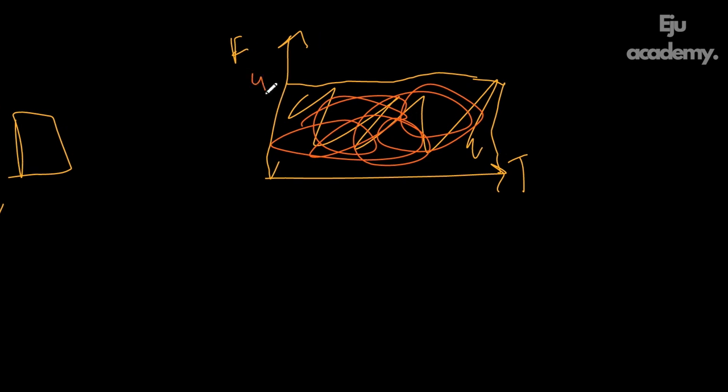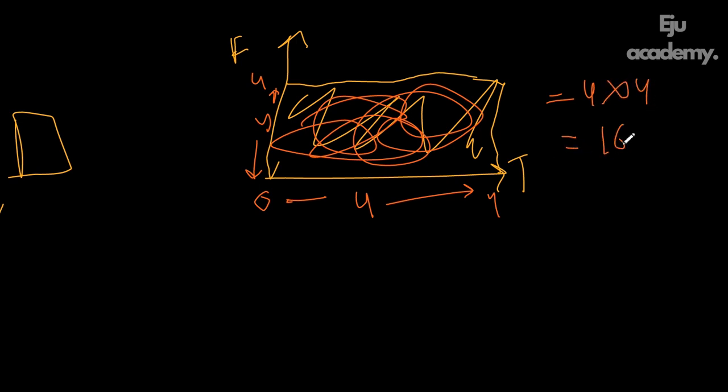Let's just say it is 4 here at the origin, and it's going to be 4 here also. So this length is 4 units, and this length is the same, 4 units. To find the area, it's 4 into 4, which is equal to 16. Now we just forgot the unit.